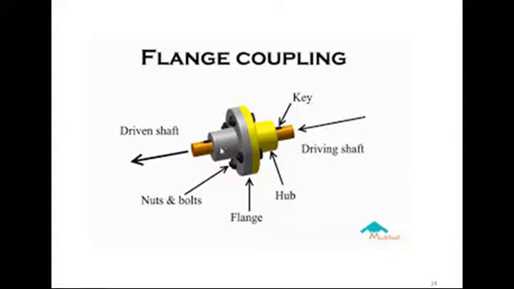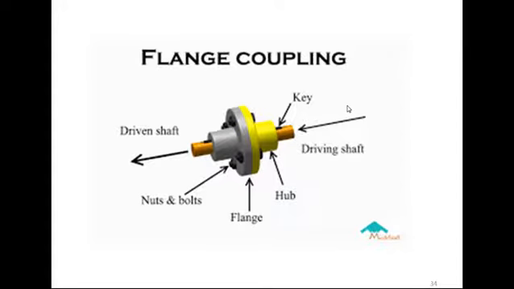For this hub we insert one more shaft here, and then we insert this key. Because of this key, the shaft does not come outside, so the shaft is fixed inside.